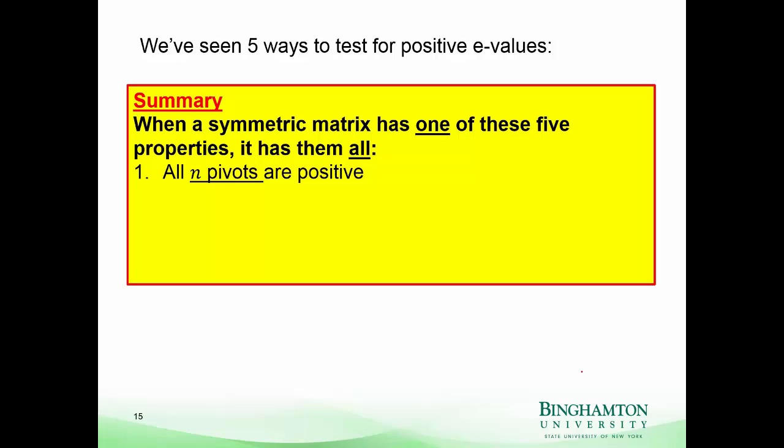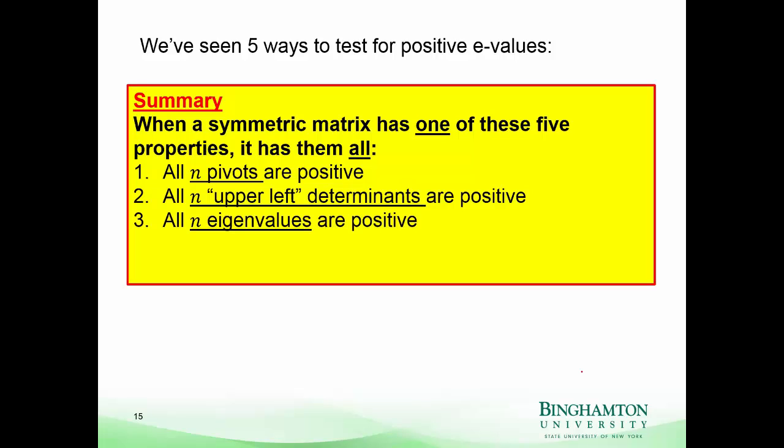All n pivots are positive. All n upper left determinants are positive. If you remember, we talked about taking the upper left element, then the upper left 2 by 2, then the upper left 3 by 3 to find whether a 3 by 3 was positive definite. This is generalizing that idea.